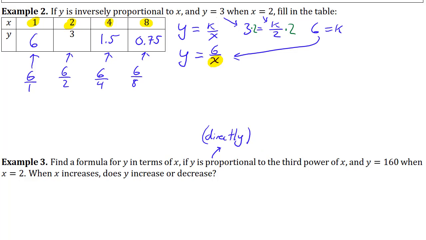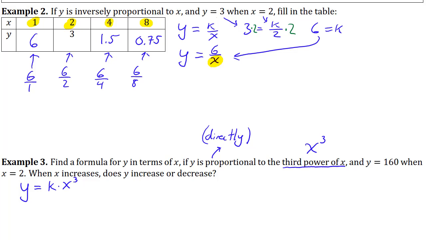So it's going to be y equals kx, but instead of it being y equals kx, it's going to be y equals k times the third power of x, x cubed. So this is saying y equals k times x cubed for some number k.